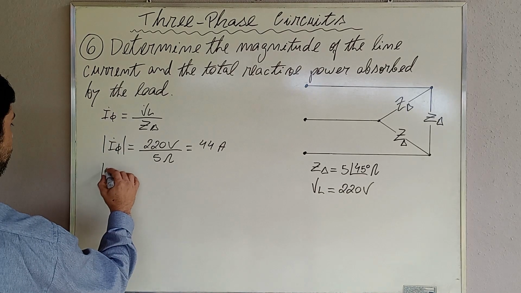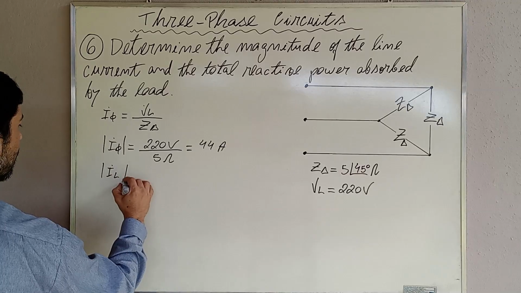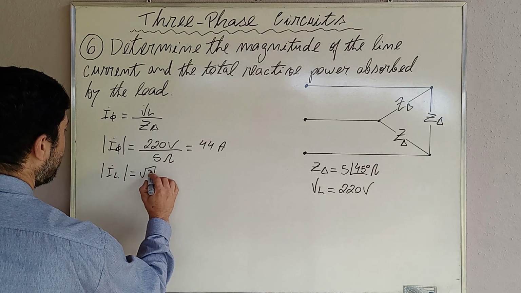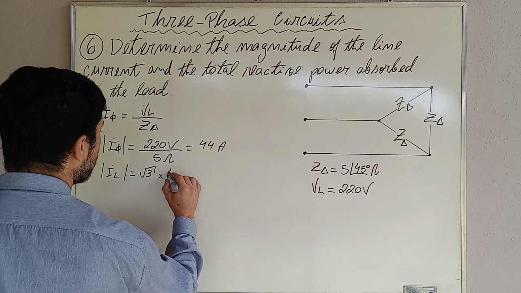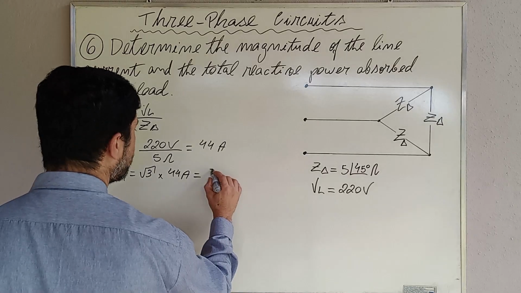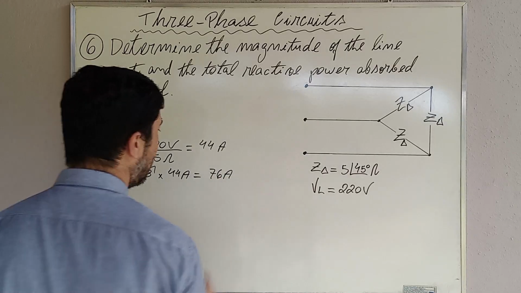Thus, the magnitude of the line current is the square root of 3 times 44 amps, and this is equal to 76 amps.